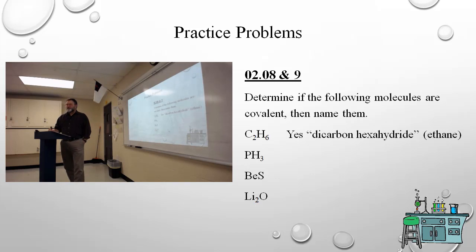Some of your classmates in here know that C2H6 is ethane, but they didn't name it dicarbon hexahydride. They named it ethane. It's correct, but there's no way, unless you don't belong in this class, that you would know that. There were a couple good Google finds when I graded the homework.